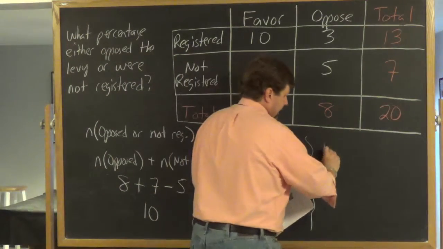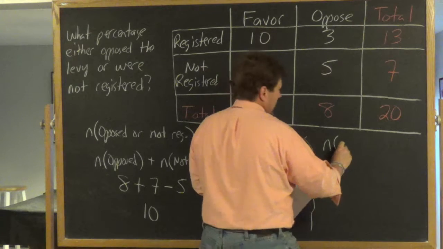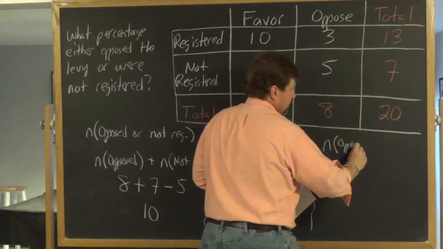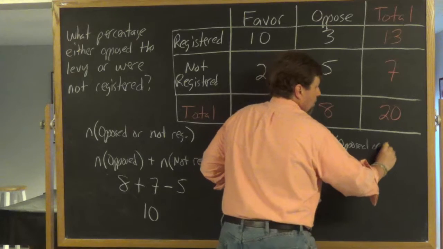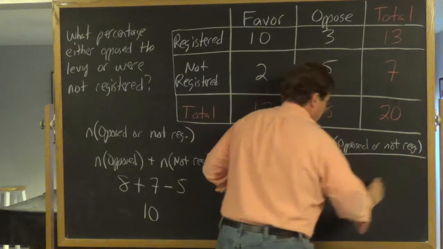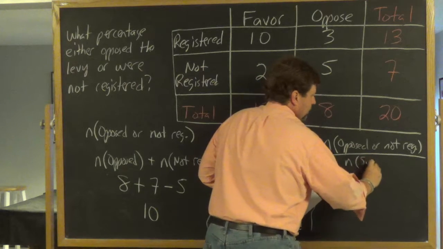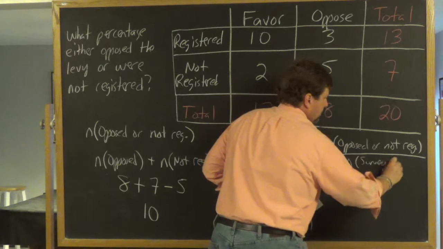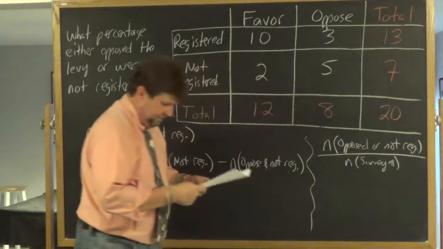So we have to find the number who were opposed or not registered divided by the total number who were surveyed.